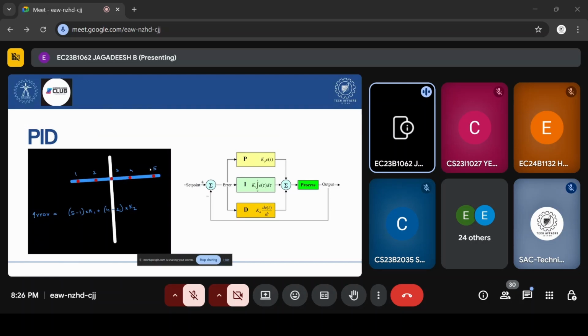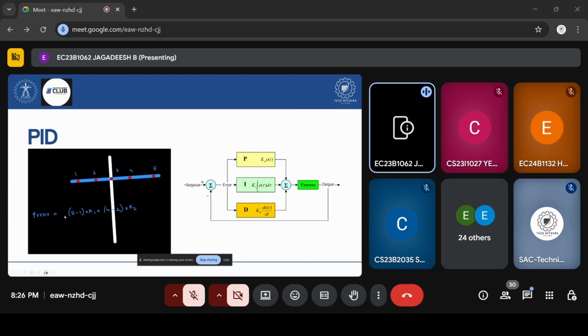Proportional, integral, and differentiator. First, consider this white line as the line which we desire to follow, and this blue color as the 5 IR array. We have IR sensors at all these positions, the red dots.